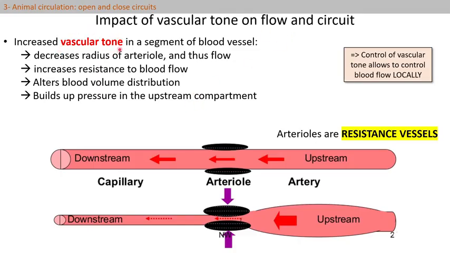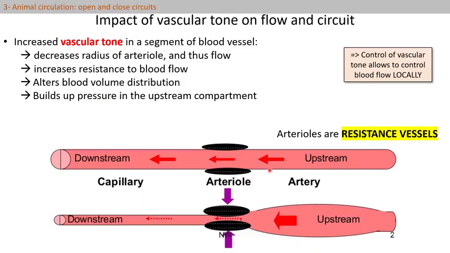It's done by changing the vascular tone of the arterioles. So let's take an example. For instance, we consider an artery here, a capillary here, and you have this arteriole and this arteriolar vascular tone. If the tone increases, you contract the smooth muscle, you decrease the radius of the arteriole. If you decrease the radius of the arteriole, you kind of block the flow, right? So the flow in the capillary goes down.